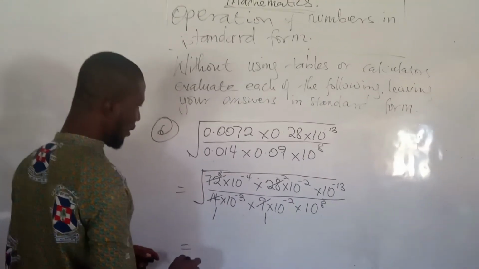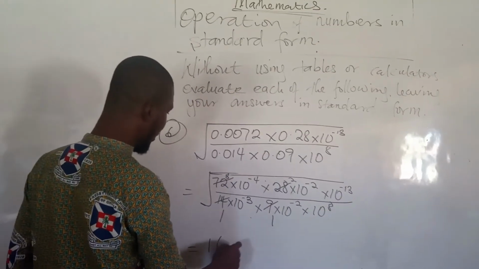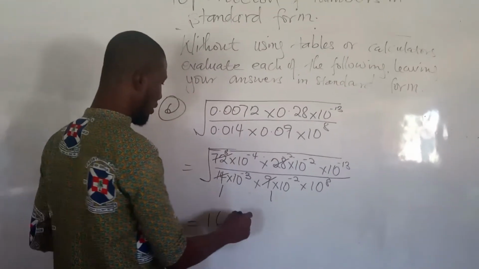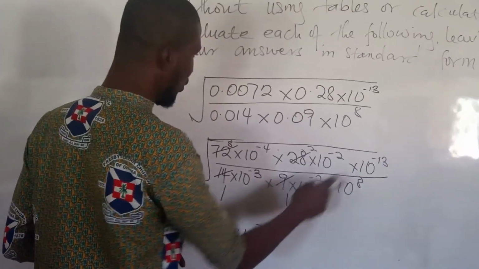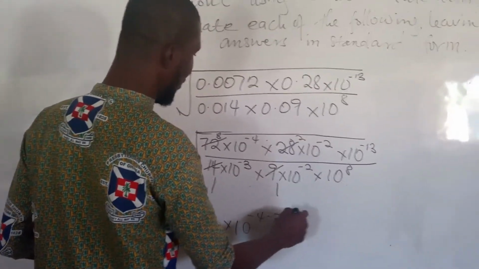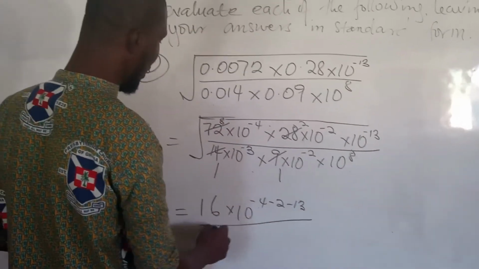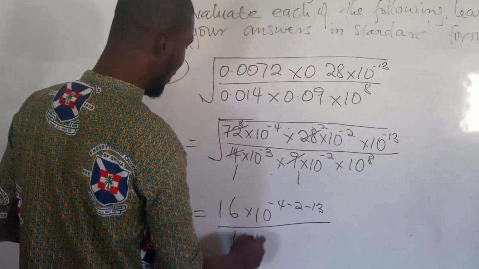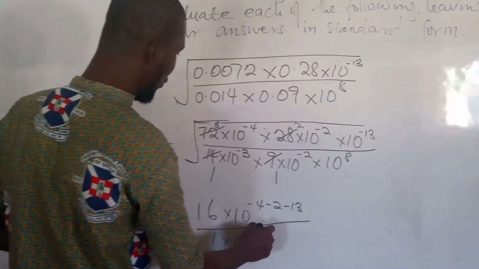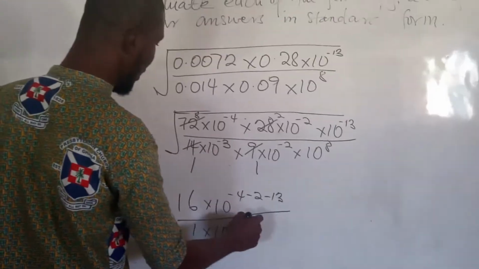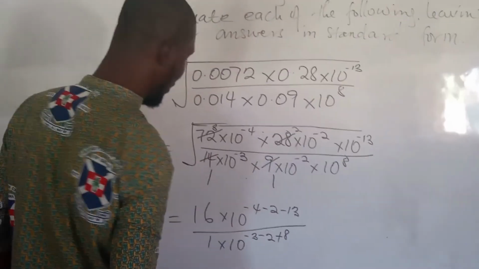Then that will give us 8 times 2 is 16 times 10 exponent negative 4 times 10 exponent negative 2 times 10 exponent negative 13, all over 1 times 1 is 1 times 10 exponent negative 3 times 10 exponent negative 2 times 10 exponent 8.